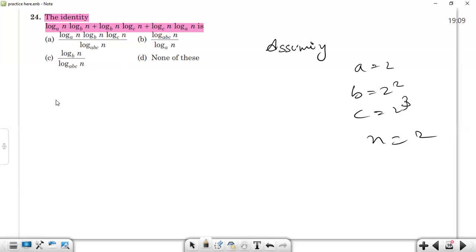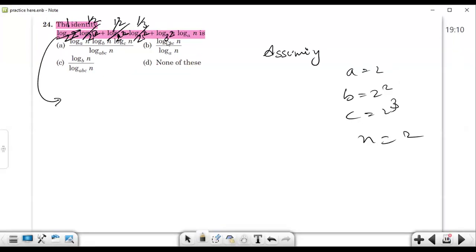If we just solve the question statement, logarithm of 2 to the base 2 will be 1. Logarithm of 2 to the base 2 raised to power 2 will be half. Logarithm of 2 to the base 2 raised to power 3 will be 1 by 3.